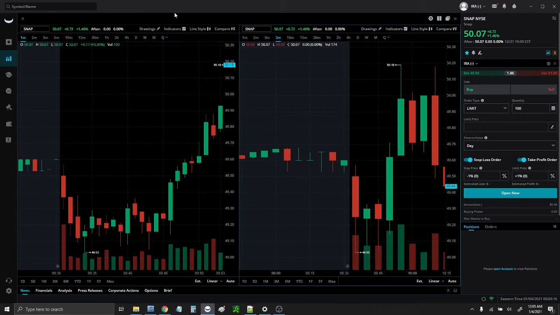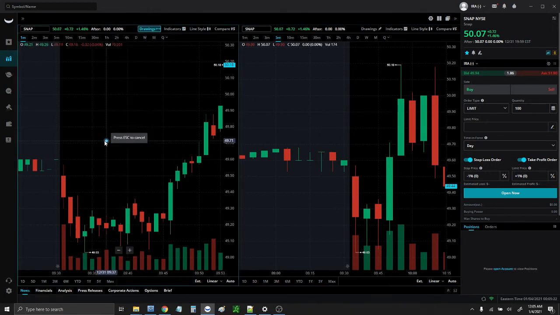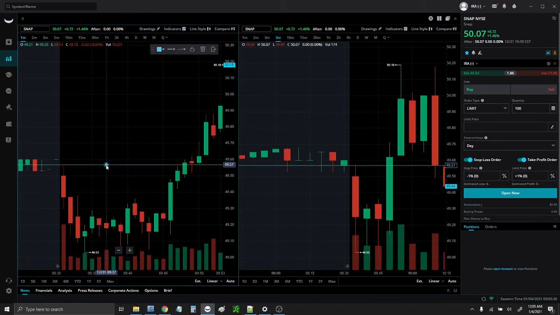And to illustrate that, we can put in a drawing. I'm going to draw the high here. As you can see, that's the high for that one candle. I'm going to draw another one where this is the opening price.